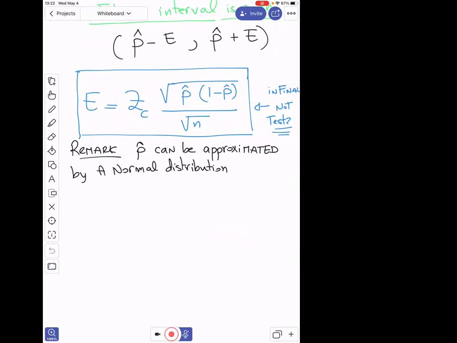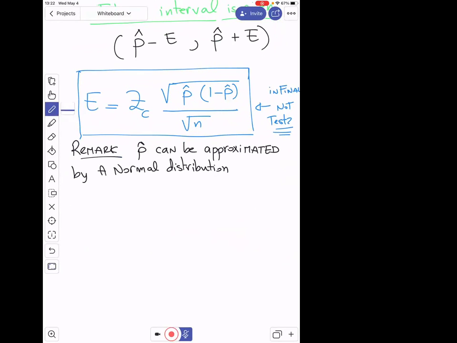So for example, let's do the example with the bookstore. Again, we have this bookstore and we have a random sample of 188 books.